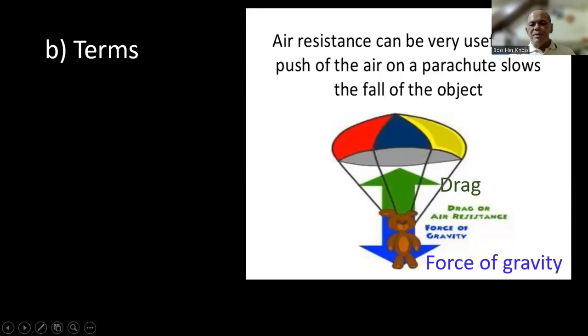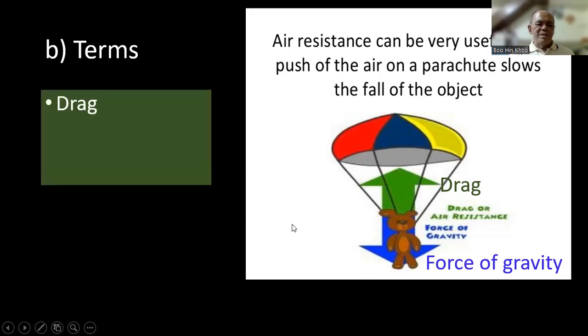Air resistance can be very useful. The push of the air on the parachute slows down the fall of the object. When a person comes down on a parachute, the parachute slows down the person. The terms are quite similar: drag, air resistance, friction, or viscous drag.